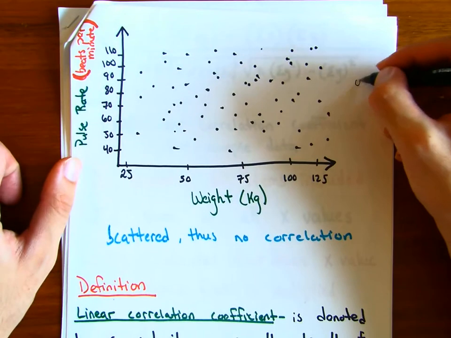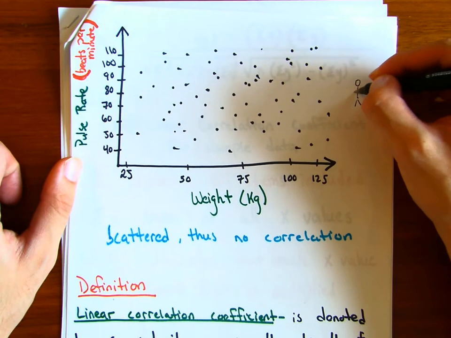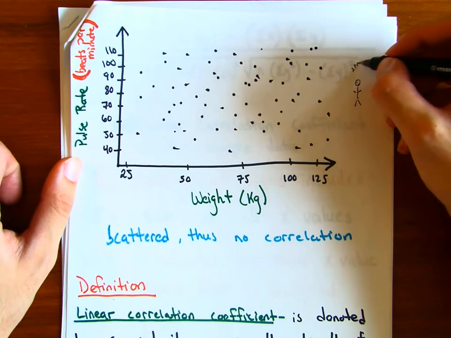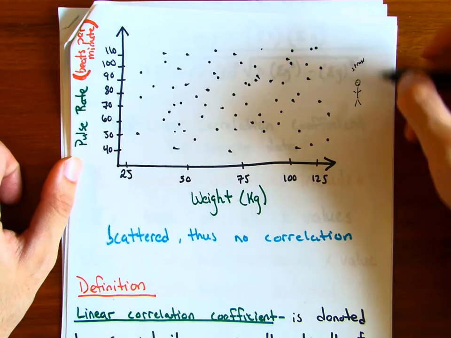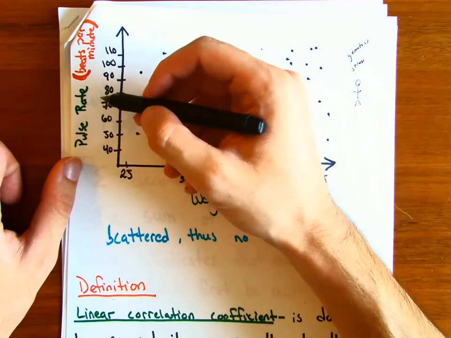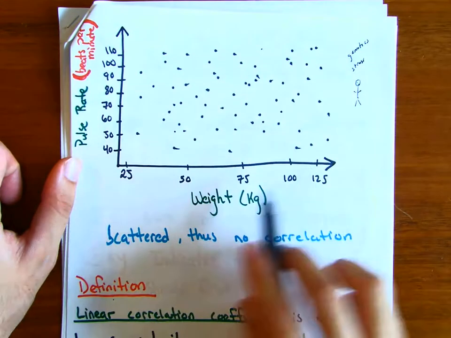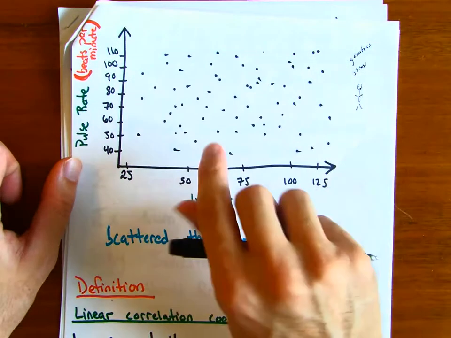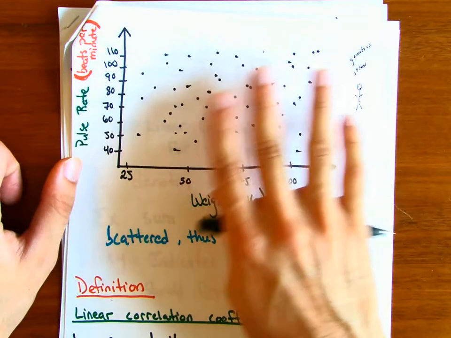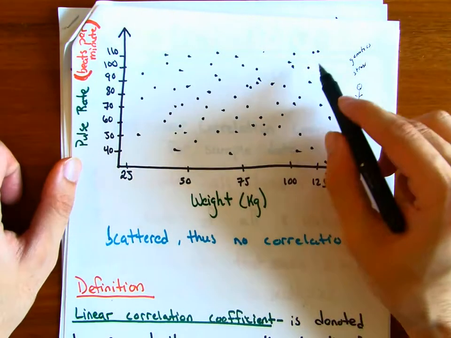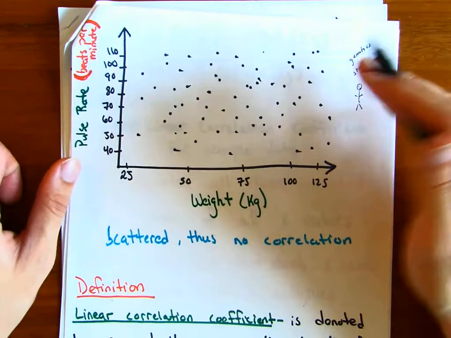So when you think of pulse rate for a human being, weight could be a factor, but there could be other factors such as stress, or maybe even genetics, where someone could have a higher pulse rate but maybe they don't weigh as much. So here, within the data values in the scatter plot, notice how the data values are scattered and there is no line that best fits like in the previous example.